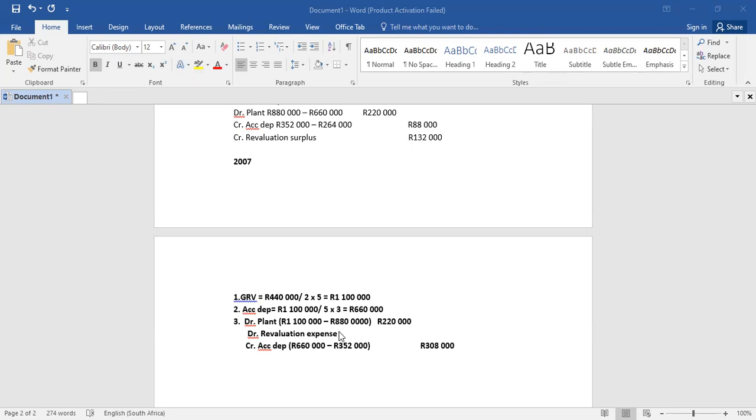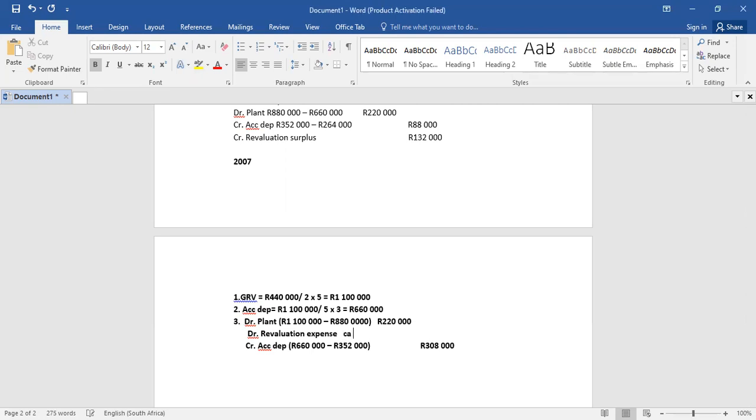Sizohlezi senza njalo whenever we're working with the second fair value or the third fair value. We just take i-GRV esibale last year ne-accumulated depreciation yakhona kube cost price ne-accumulated depreciation yethu this year to calculate the carrying amount. So our carrying amount here it's 528,000.